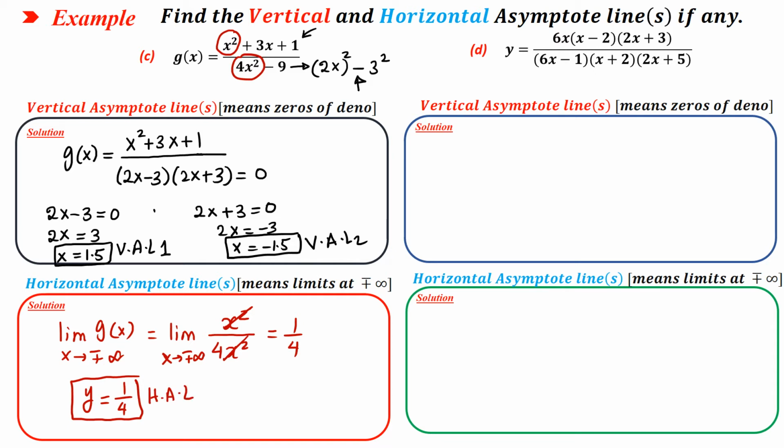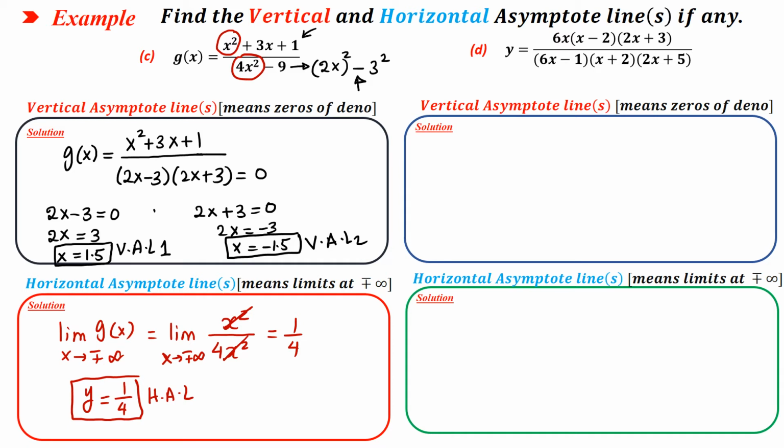In part D, we have y equals 6x times (x minus 2) times (2x plus 3) divided by (6x minus 1) times (x plus 2) times (2x plus 5). And here, the factorization of the function is already done for this question, and there is no common factor between numerator and denominator, so there is no simplification in this function.